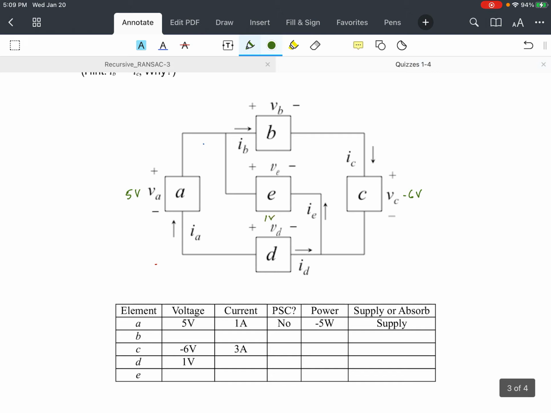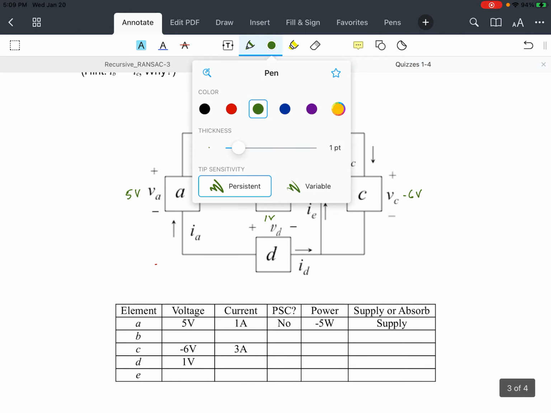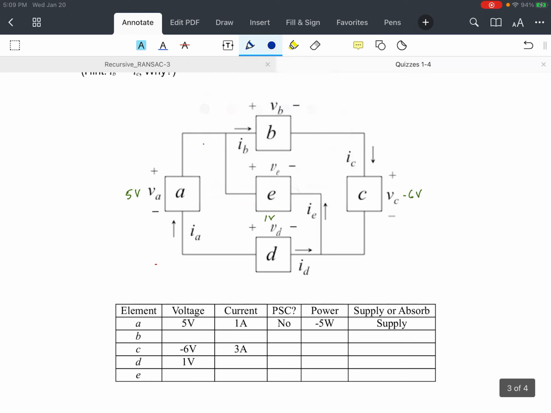And then the current through A, well, actually, let's just worry about voltages here for a minute. Maybe I'll use different pin colors. Okay, so in this particular case, the easiest way to figure out the voltage is to assign voltages to different nodes.